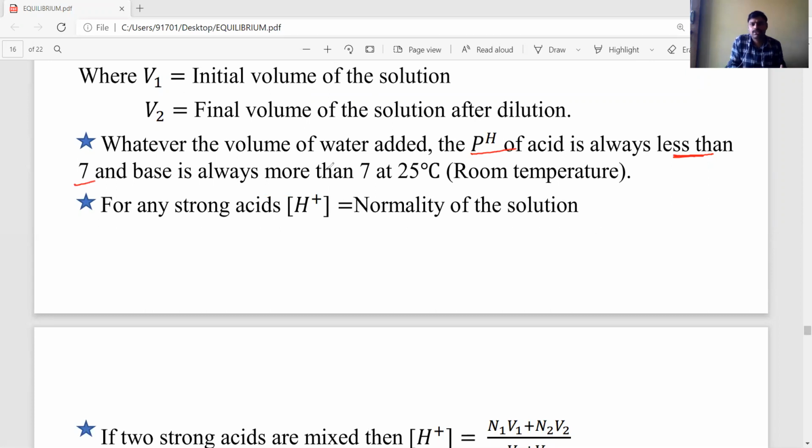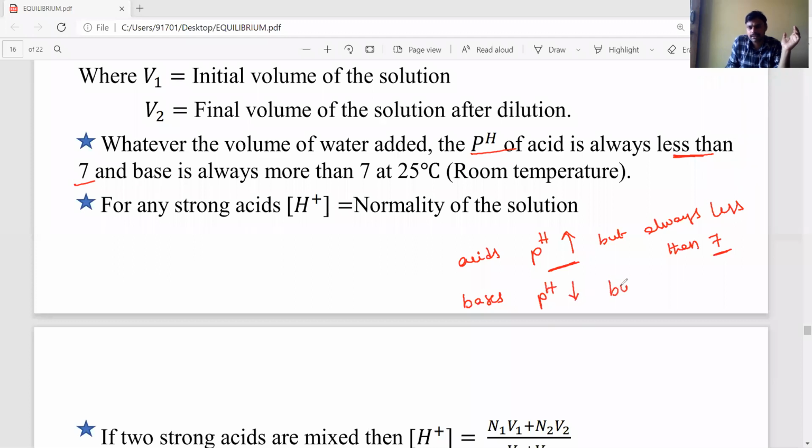Due to dilution, pH of acids increases, but always stays less than 7. And for bases, due to dilution pH value is decreasing, but for a base it is always more than 7. Okay students, those points you have to remember.